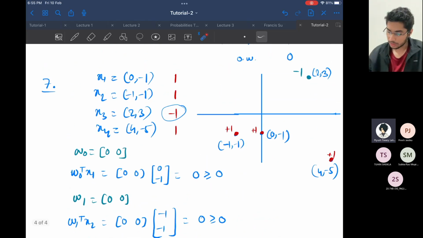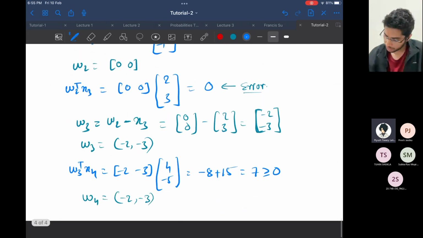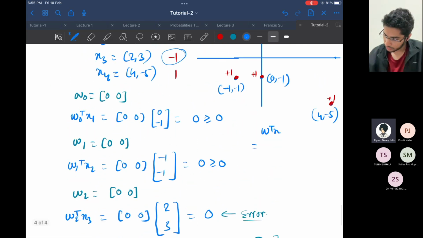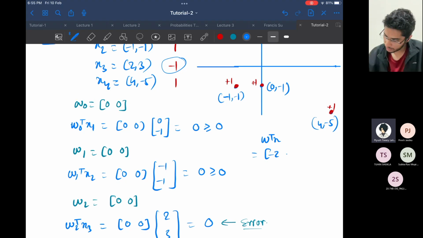So what is the classifier? Let us try to write the classifier. The classifier is basically w transpose x. Now your w is minus 2, minus 3, and let us say your x is x1 and x2. What will this become?